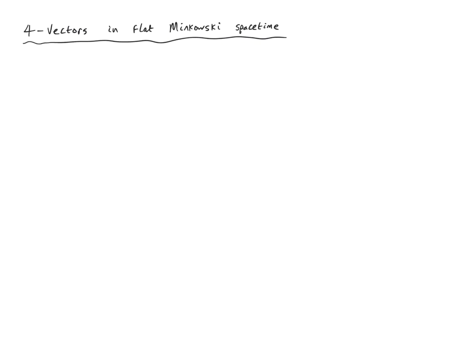In special relativity, we use flat Minkowski spacetime. This is the geometry of 4-dimensional spacetime that we've been discussing so far in this lecture course. If we were to go to general relativity, we'd see that spacetime could be curved, but that's beyond the scope of this course. So here, we're just going to concentrate on the special case arising in flat Minkowski spacetime in special relativity.